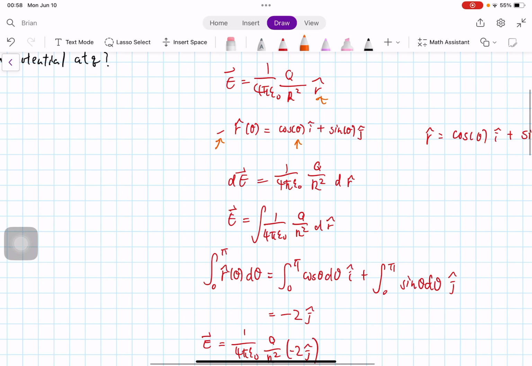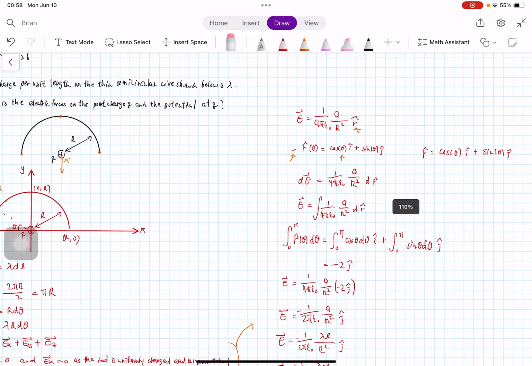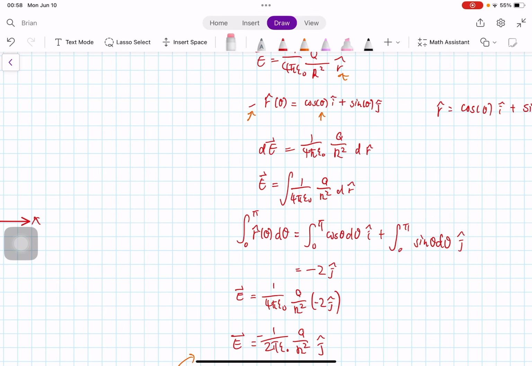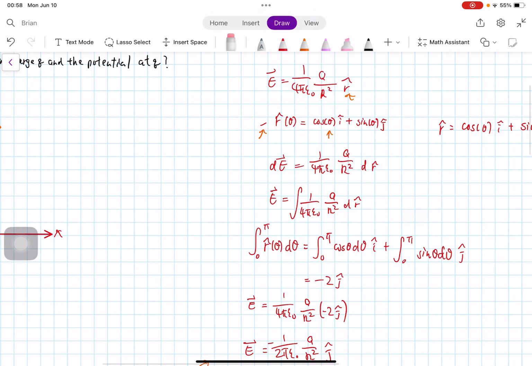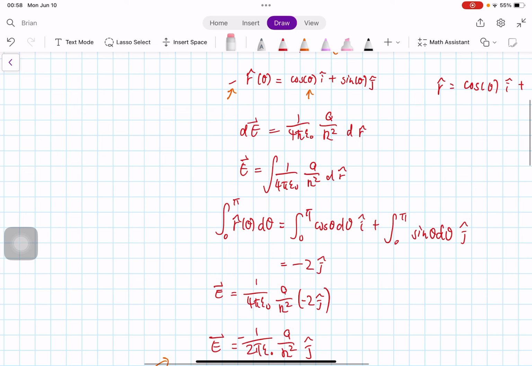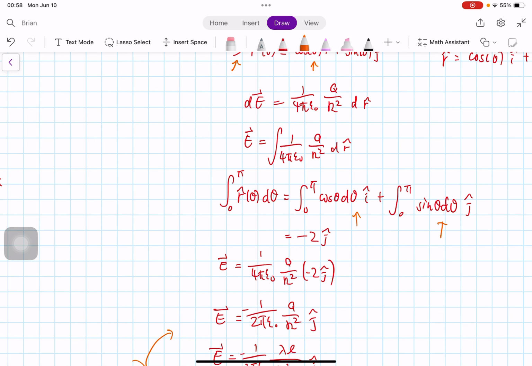So here I have to integrate both i and j with respect to the angle from 0 to pi. And this expression would give me negative 2j.